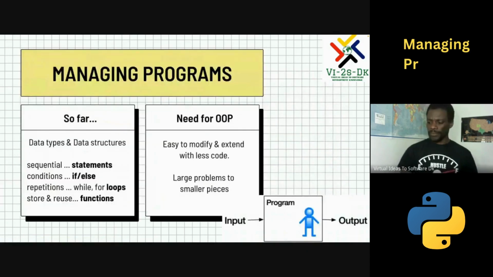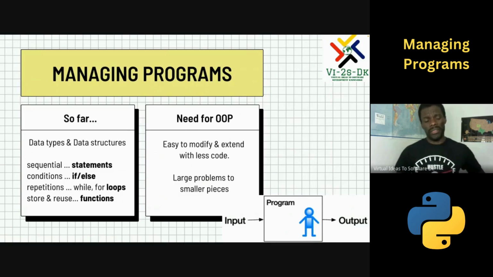Now, that said, what we've been doing so far, we've looked at data types, right? Variables, how we can get all these data types and put them in data structures, like our collections, which means dictionaries and sets. We've also seen how we can put those in lists or tuples or arrays. Those are sequences, okay?